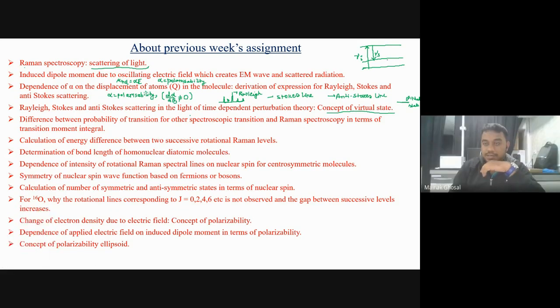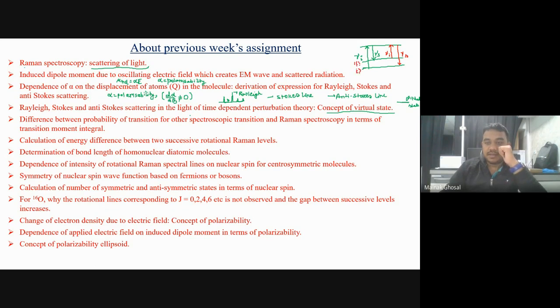So one question will be there today, which will be related to this. And what is this? Is this the same Stokes line? No. This is your initial state in this case.